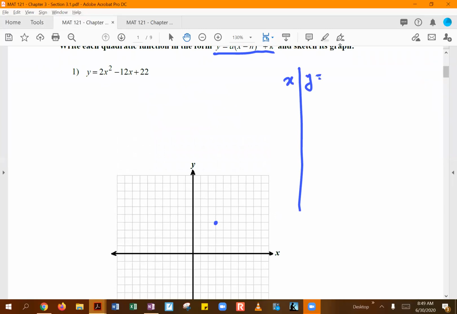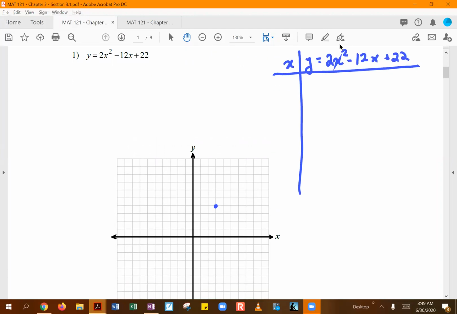We can do it on the original equation, or you can use the transformation. It really wouldn't matter. So maybe we'll do -1, 0, 1, 2, 3, 4, and 5, and let me see what kind of x values you come up with. Sorry, y values you come up with.